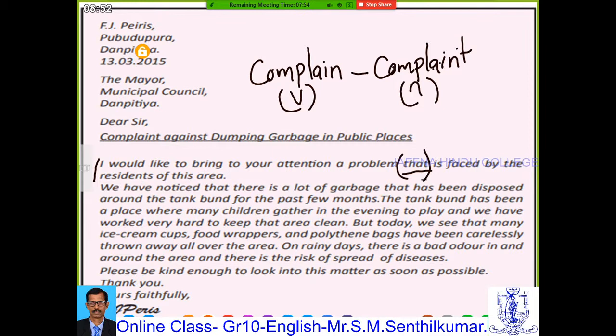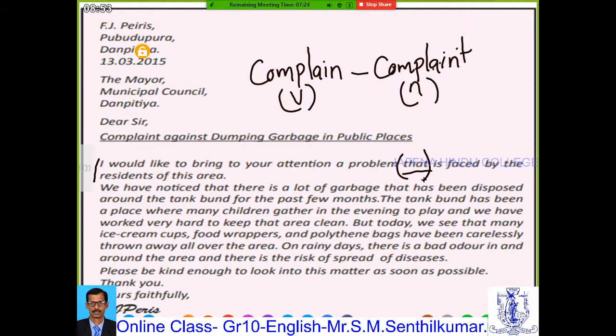Is it okay? This is how they make a formal structure. One sentence, they are connecting with the relative pronoun that. Two sentences connected with a relative clause. The formal letter must be written like this, must.